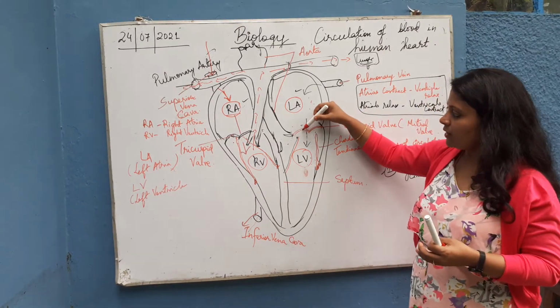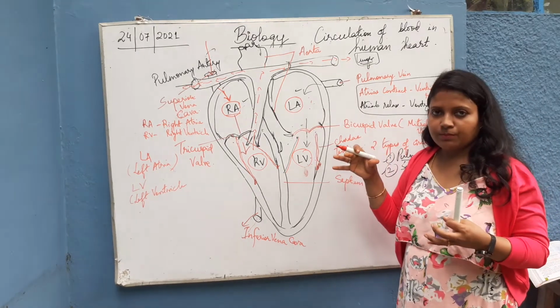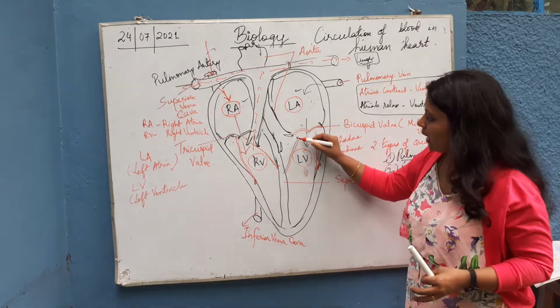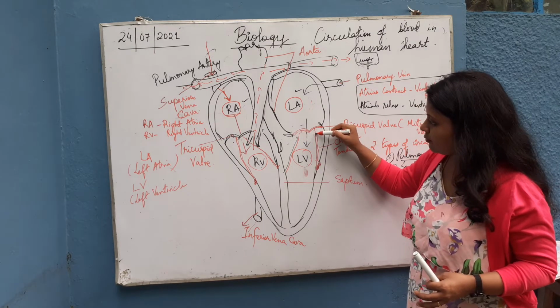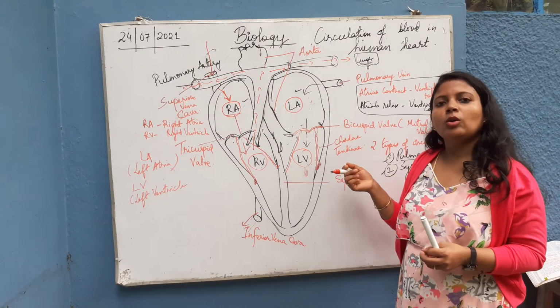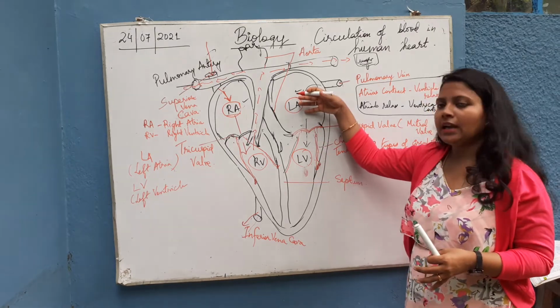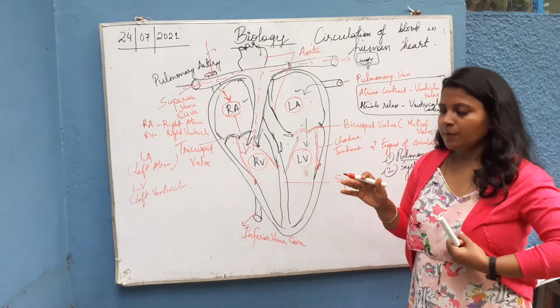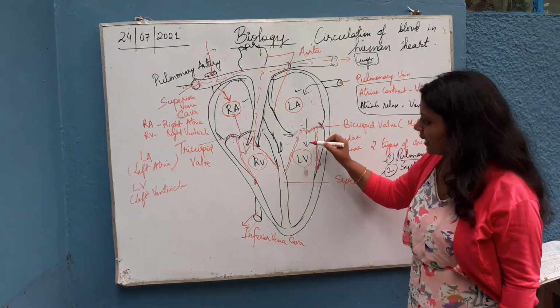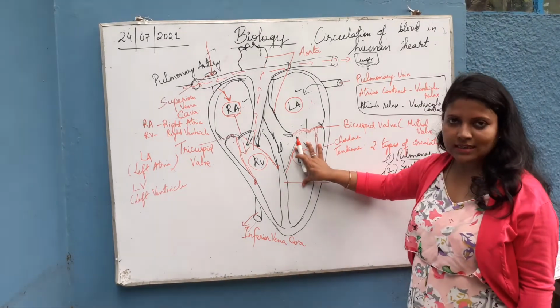When it is filled with the blood, this puffs up. As it puffs up, the chordae tendineae, which is connected with the valves, will prevent the overturning of blood back into the atria. So this is the main role of valves, okay. And now the blood has reached the left ventricle, the final state.